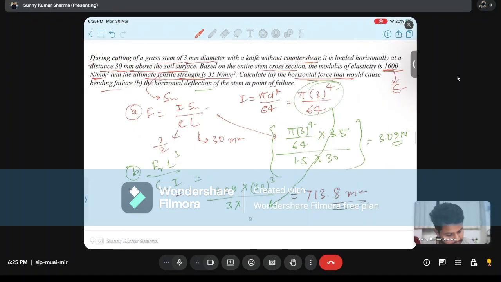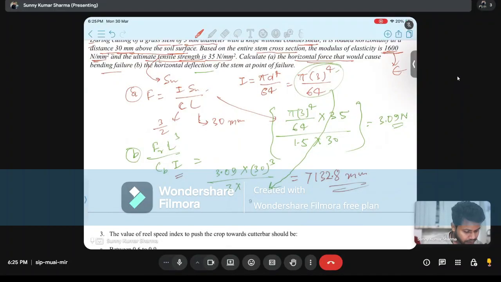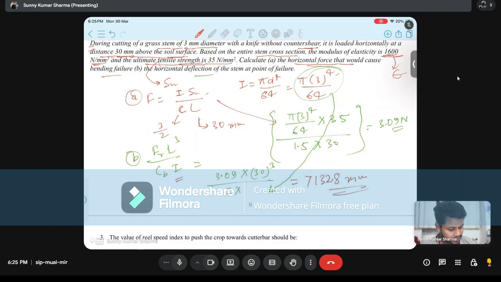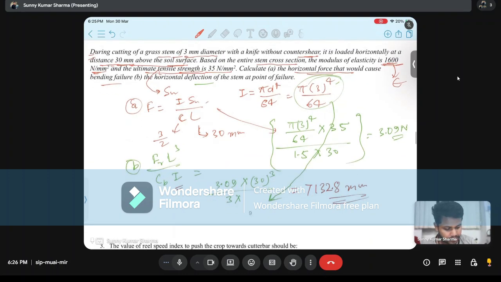This deflection is 7132. But converting it will be in meters. But how? It should come as 4 mm.